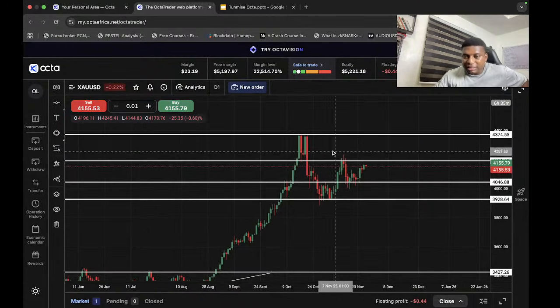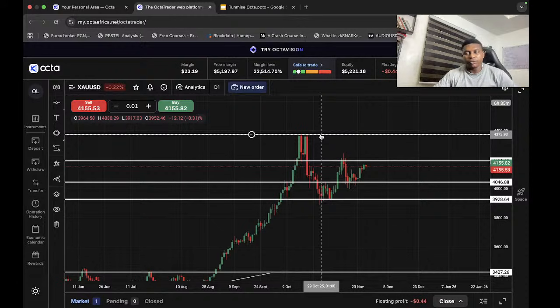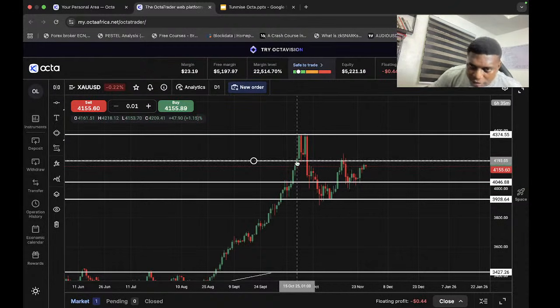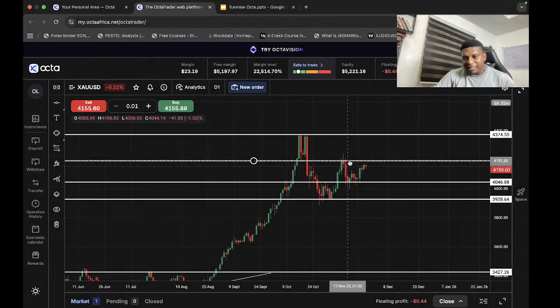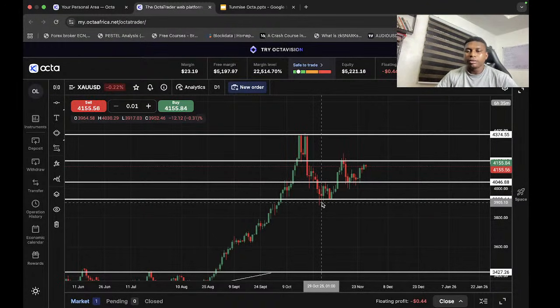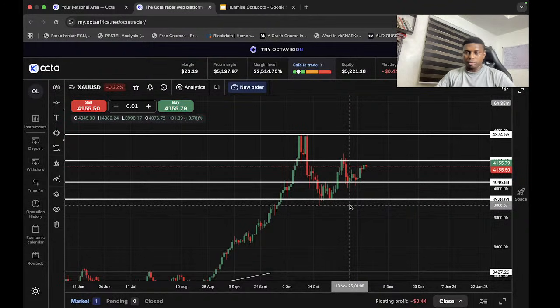So when you look at this now, this is a key level of resistance, a key level of support turned resistance, because this level was the support and right here it acted as a resistance. Now we can see this level as being a support turned resistance likewise, and then this level being a support zone.